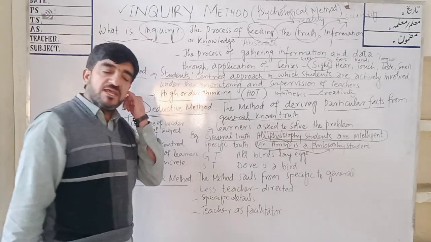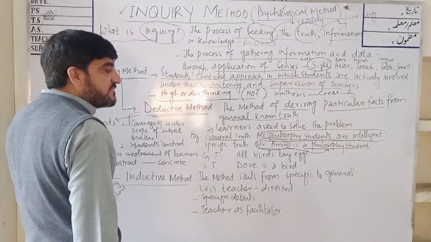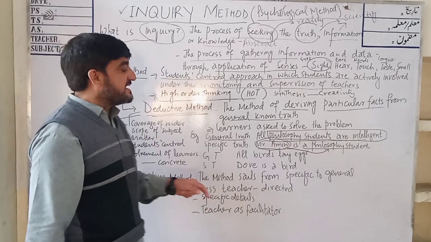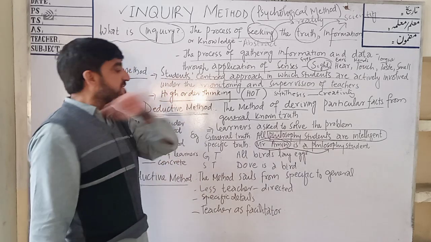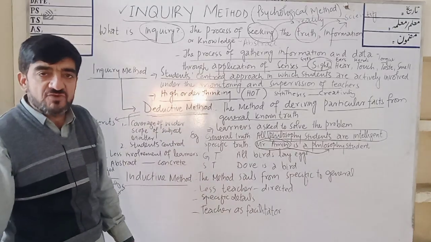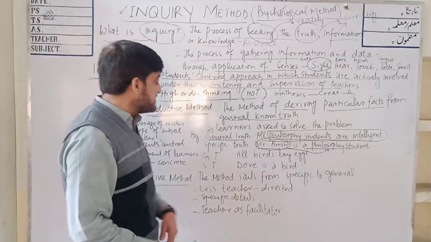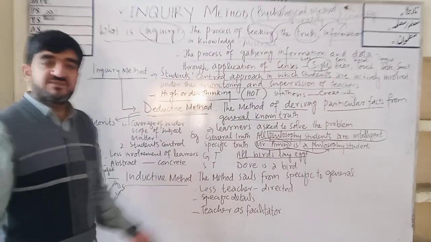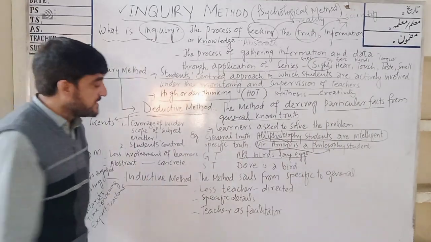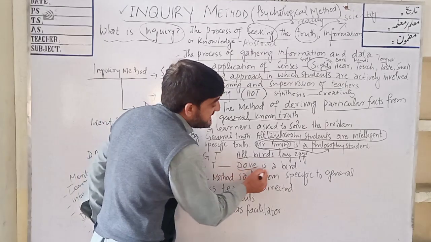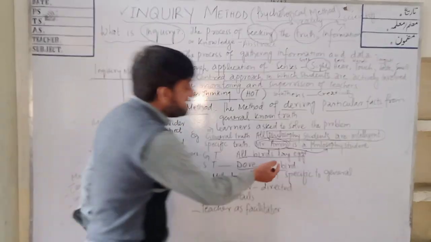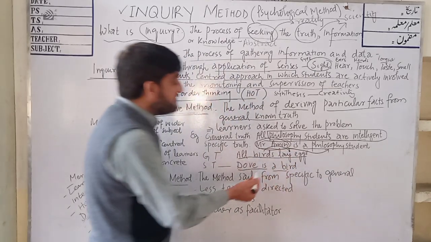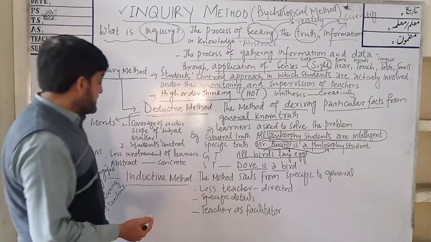The general truth is that those students who are involved in philosophy are intelligent, while the specific truth is that Mr. Amin is also a student of philosophy, so he is also intelligent. Then another general truth is all birds lay eggs. It's a general phenomenon. And the specific truth is that a dove is a bird, because all birds lay eggs, so a dove is also a bird.